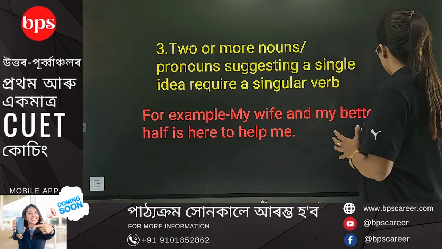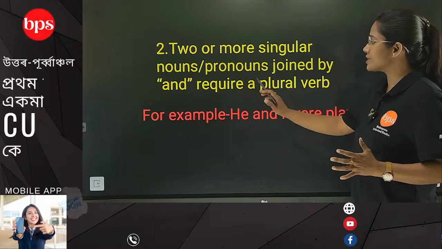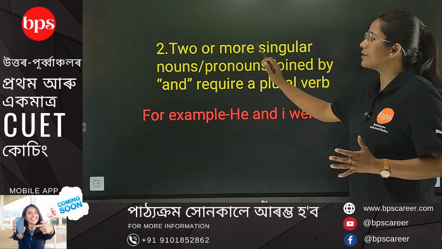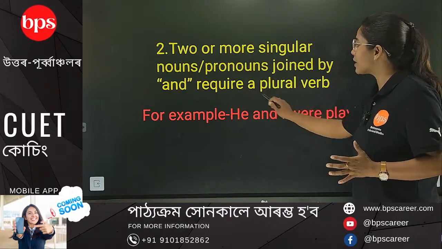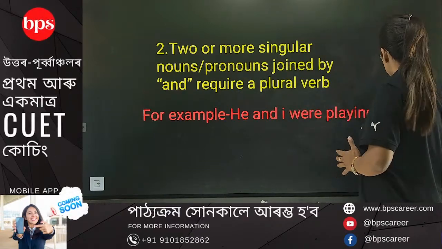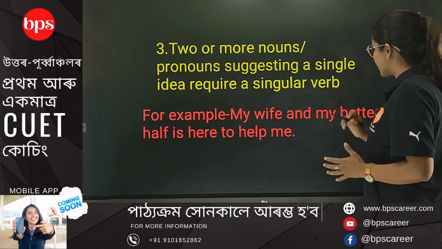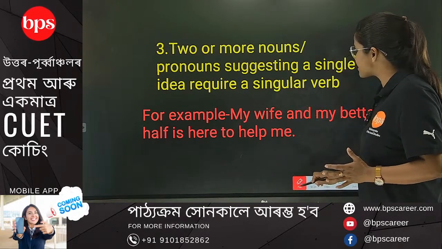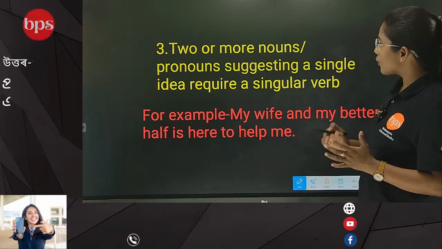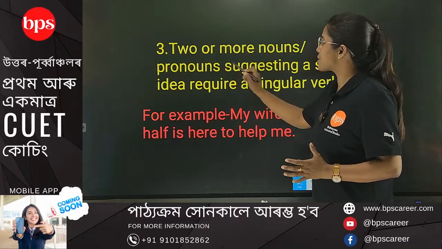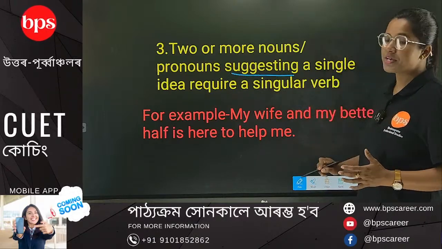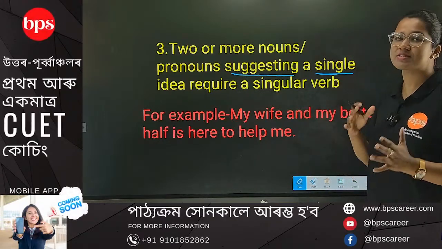Prior to this, what we got in our second rule is that two or more singular nouns or pronouns require a plural verb. But here again what is happening? In the third rule, why is there the need for a singular verb? When two or more nouns or pronouns suggest something singular or something single.